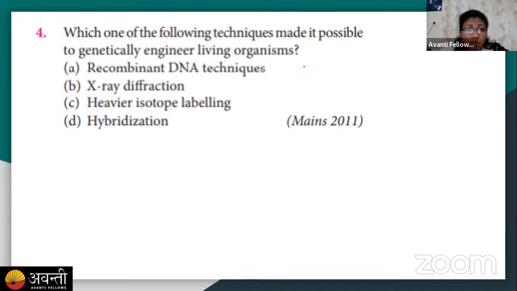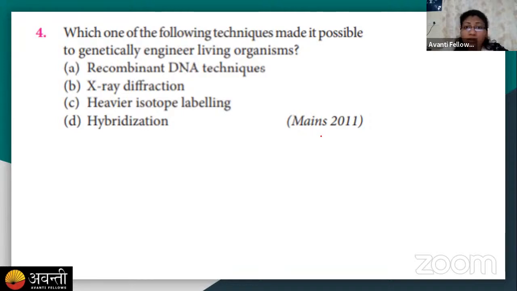Okay, very good. You have given your answer in the chat box. That is right, recombinant DNA technology. Only by using recombinant DNA technology are we able to genetically engineer living organisms.